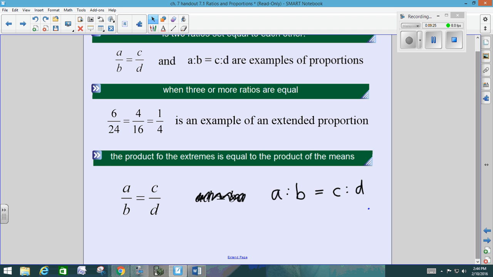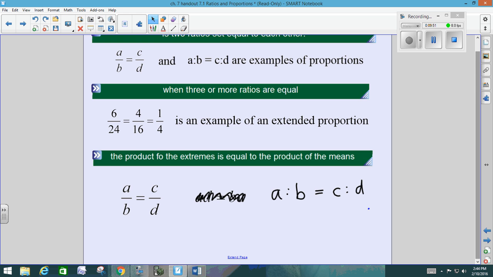The means and extremes that they're referring to, those are the parts of the proportion. When you hear the word extremes, or if you just look at its prefix, what does that prefix mean? You know, like you think of the word exit or exterior. What do you think of? The outside. Good. Extremes.